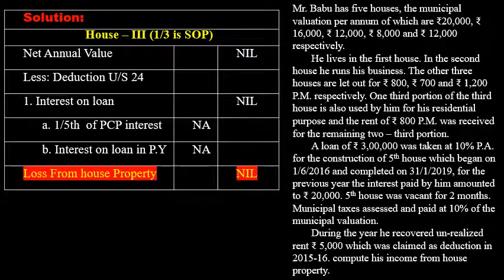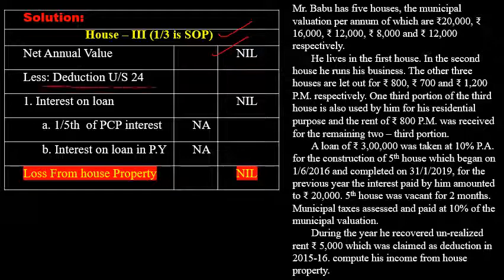Now I am going to assess the second part of the third house, the 1/3 part, which is self-occupied. SSC uses the 1/3 part as his residence, so we will assess it as per the provision of a self-occupied property. It starts with the net annual value, which is nil.